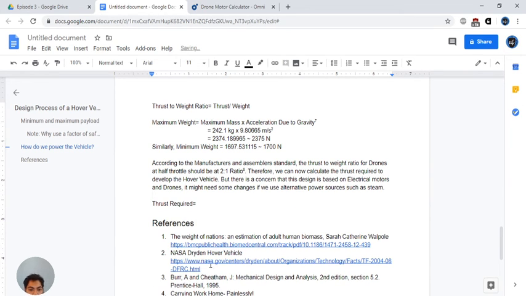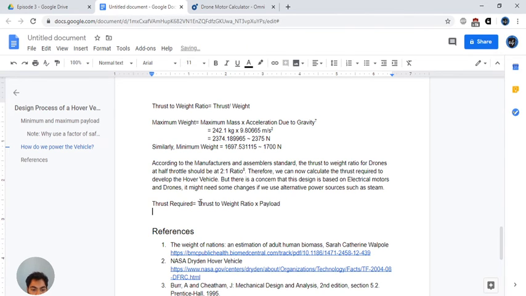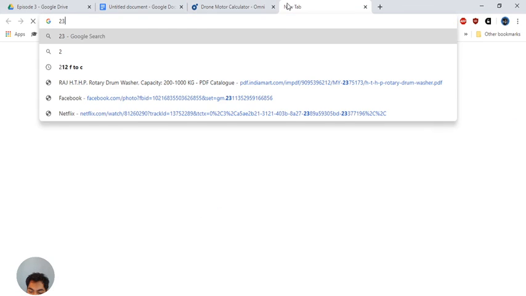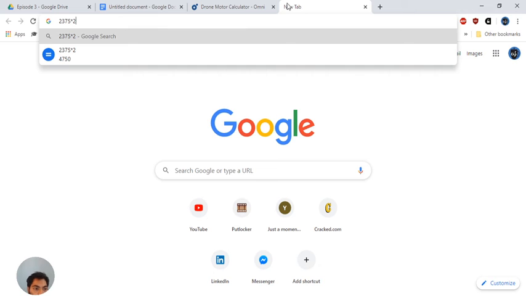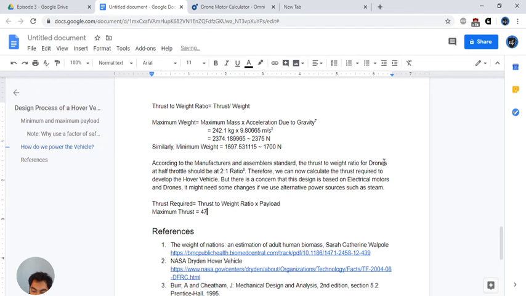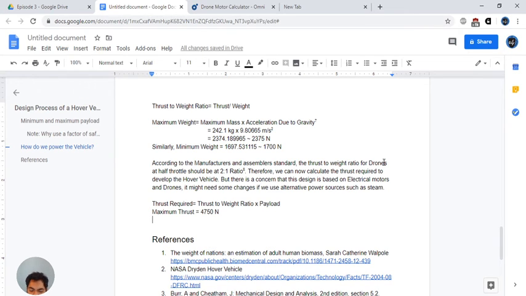Thrust required at 2:1 ratio is thrust to weight ratio multiplied by payload. So maximum thrust is 2375 by 2, 4750 Newton for a given second, I think.